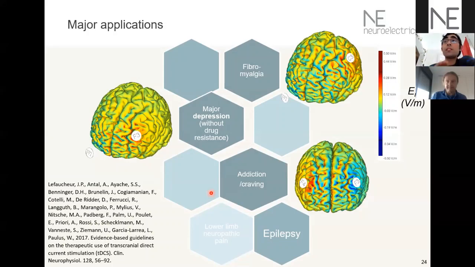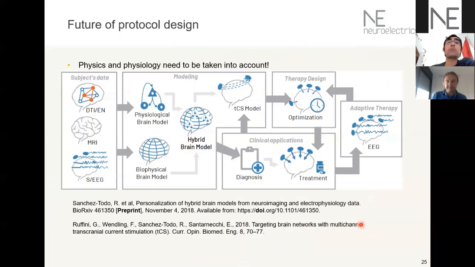Now, we still believe that these are only first-order solutions, and that if you really want to improve the results and minimize variability between the effects of stimulation across subjects, then you need to use more complicated models.